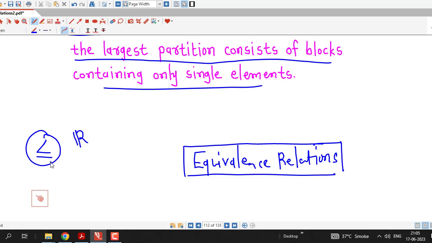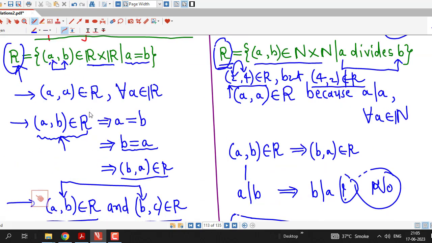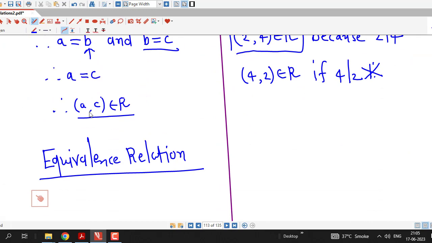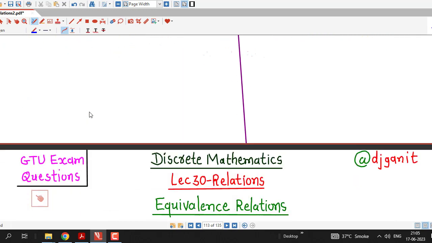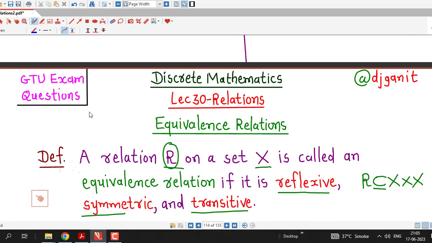You can check whether this relation is an equivalence relation on the set of real numbers or not. So in this way we can define an equivalence relation. It is the relation which satisfies three properties: reflexive, symmetric and transitive.